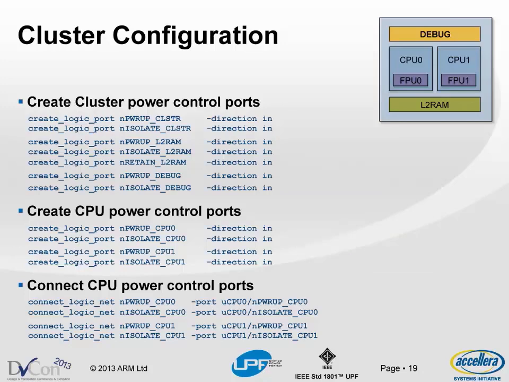At the cluster level, I've got to create all of these ports to control the various power domains, isolation and power switching. And also, as we were talking before, I've got to create the CPU power control ports and then I've got to connect up the CPU power control ports. So that's like connecting the isolation and power controls from here up to the power top level domain there.